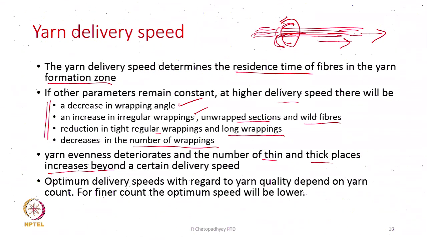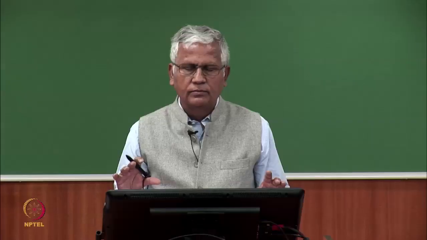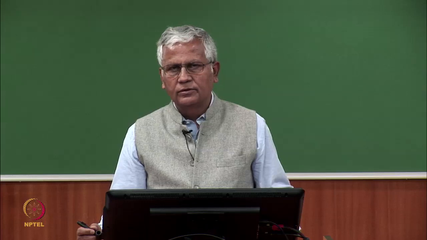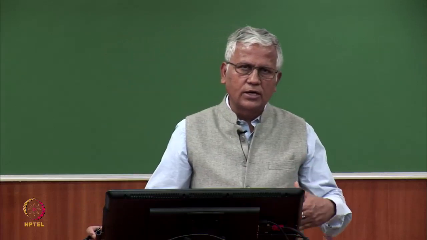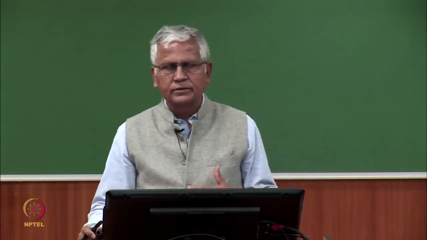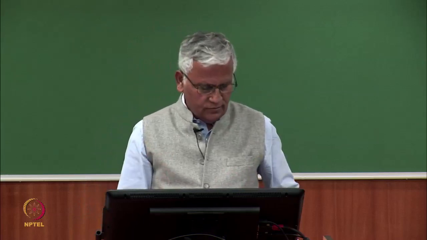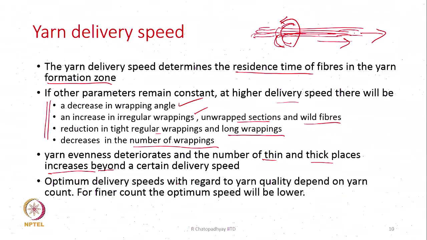So, if the control that we exercise on the fibers as they move through the drafting system as well as the twisting assembly is poor, then a lot of faults will be seen in the yarn. So, faults in the yarn are a reflection that the control we exercise on the movement of fibers is not really good.